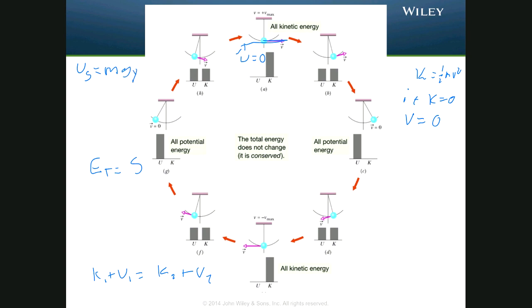So at the top, y top is equal to y max, just by definition, that's pretty intuitive. And when we plug the maximum value of y into our gravitational potential energy, we get the maximum value of our potential energy. Does that make sense?